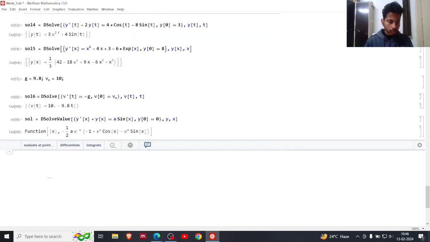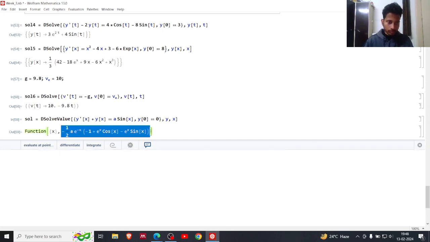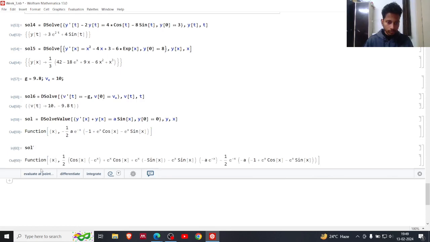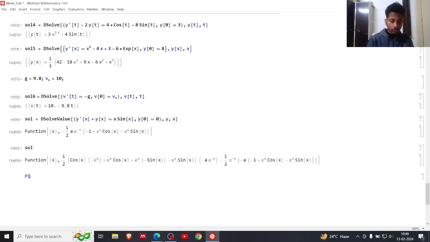So this is the dissolved value. So this is an alternative to the dissolved value, and now we have the equation y dash x plus y x equal to a sin x, where the initial value is given by y equal to 0 at x equal to 0, and this is the solution. Anyway, so now we will plot this.